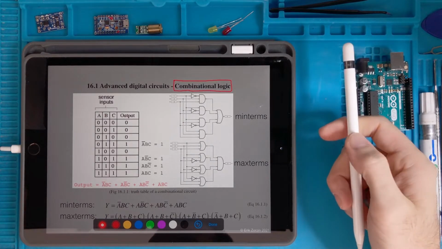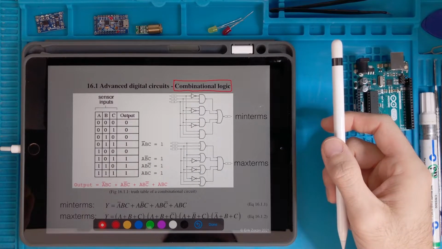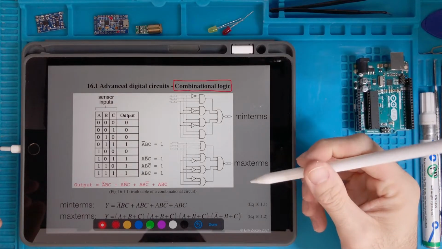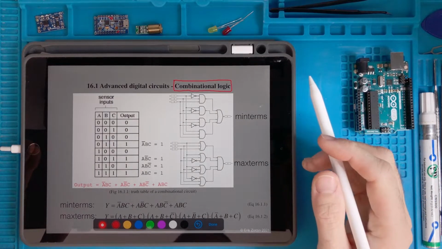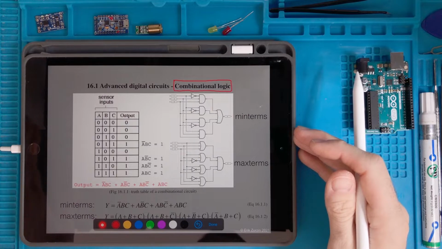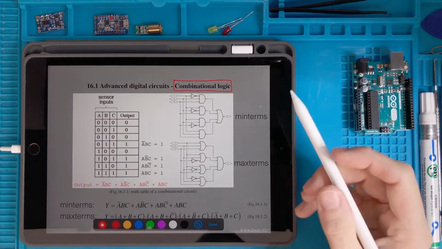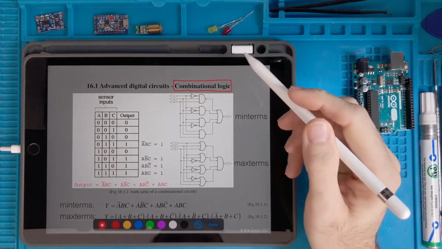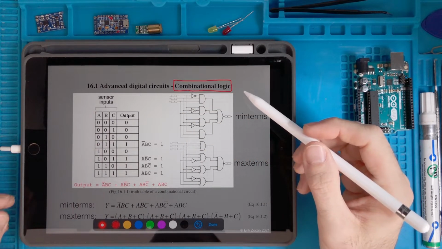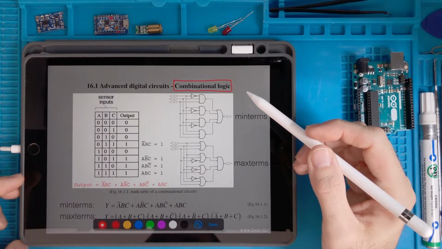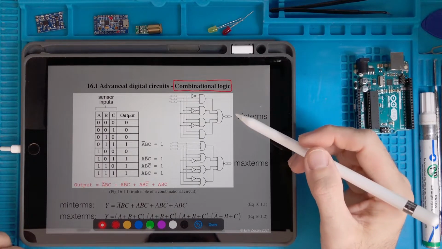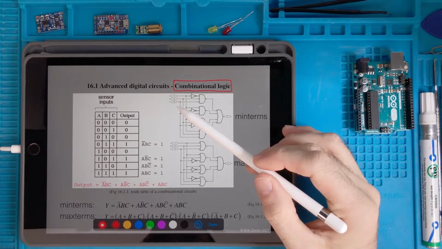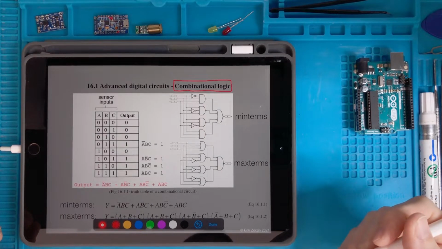So what does this mean? It means that there are no so-called feedback connections. The information propagates from the inputs to the outputs, and you don't see an output connected back to an input in such kind of combinational logic circuits. Also, more precisely, the state of the output, by depending only on the state of the inputs, does not explicitly depend on the time.